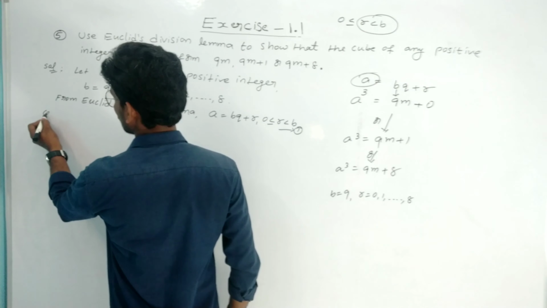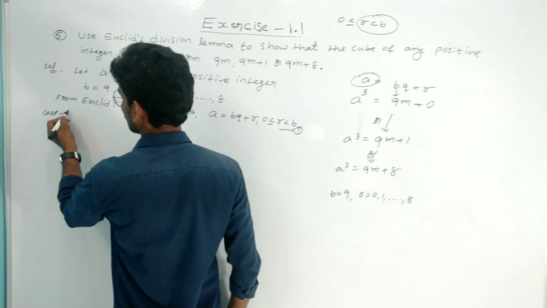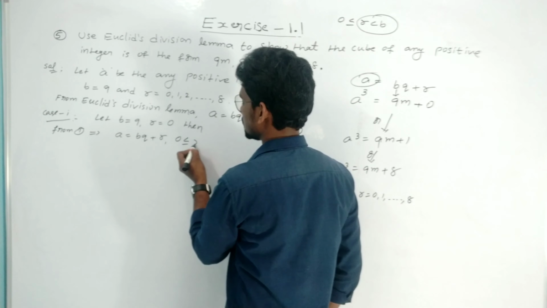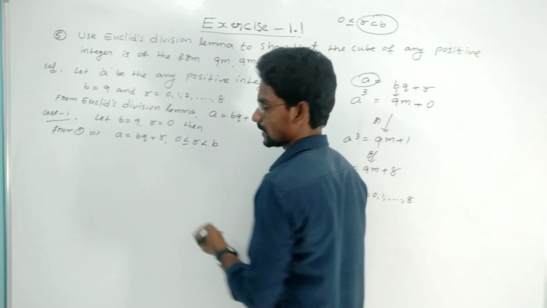Now take case 1. Let b is equal to 9 and r is equal to 0. Now substitute the b value and r value in Euclid division lemma, that is equation number 1. So from equation number 1, a is equal to b q plus r, where 0 less than or equal to r less than b.